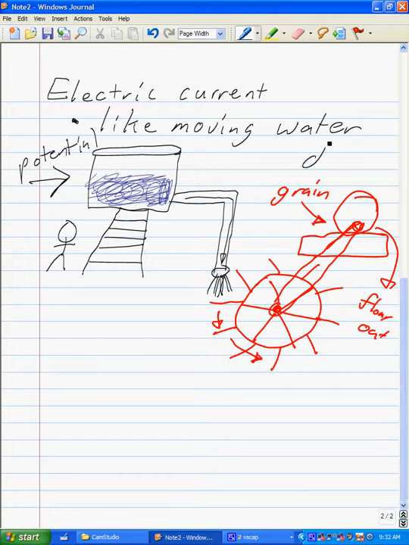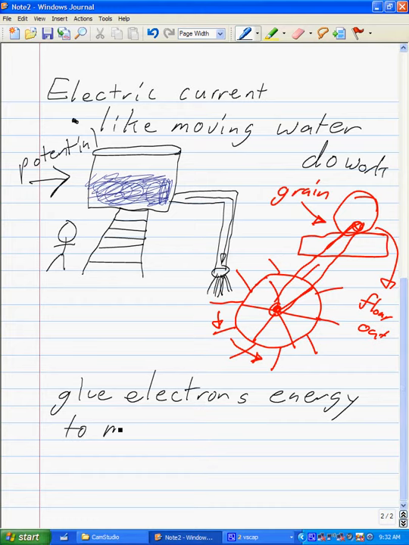So we give electrons energy to move, allowing them to do work.